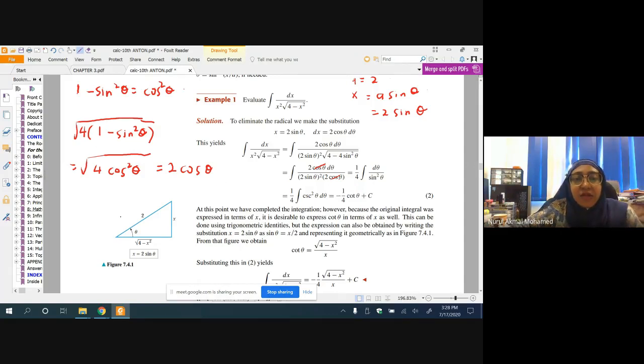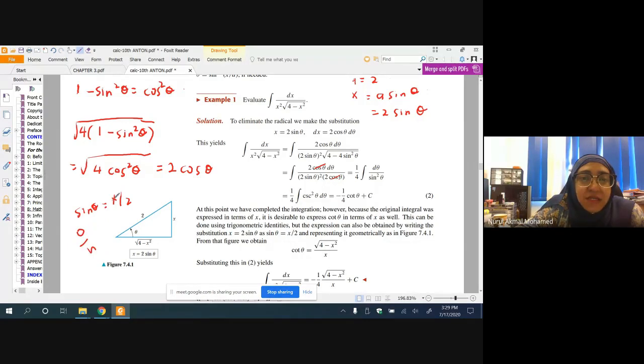Here you have to use this triangle. This is our theta. From x equals 2 sine theta, it means that sine theta is equal to x divided by 2, which is opposite divided by hypotenuse.